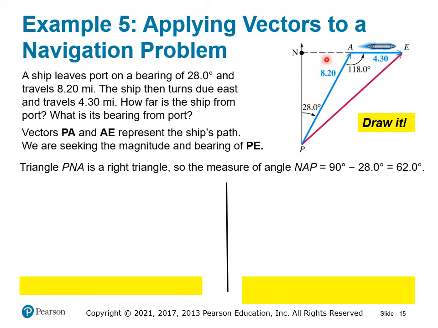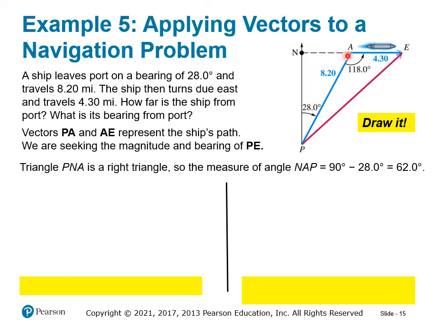Since this triangle is a right triangle, NAP, we know that this angle is 90, so we can find the angle NAP, which is 62 degrees. And that's how we figure out that this is 118.